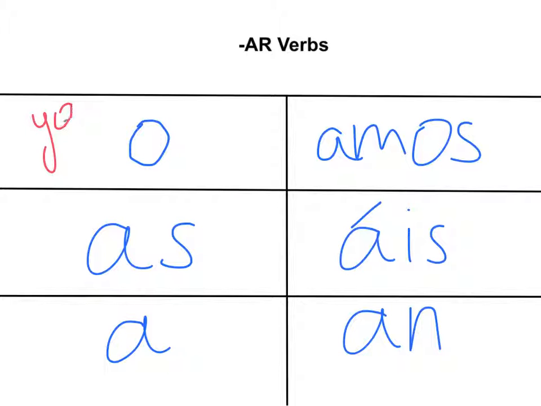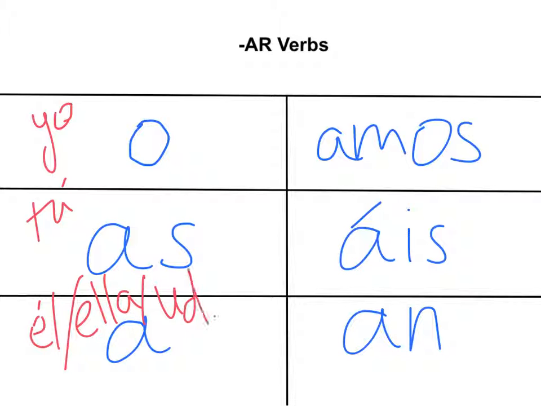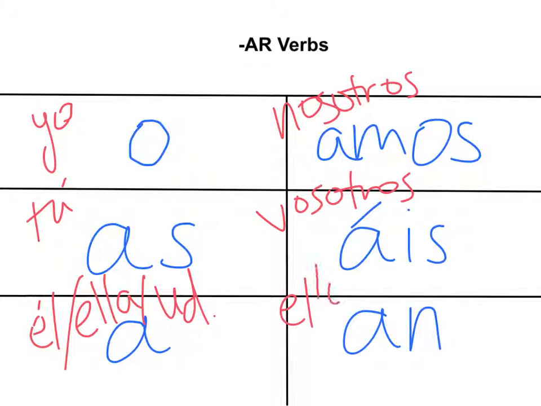So yo, tú, ella, usted. Up here, remember our subject is nosotros, vosotros, and ellos, ellas, or ustedes.